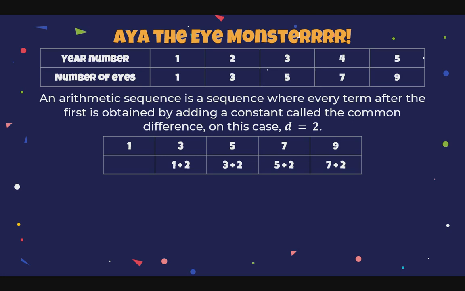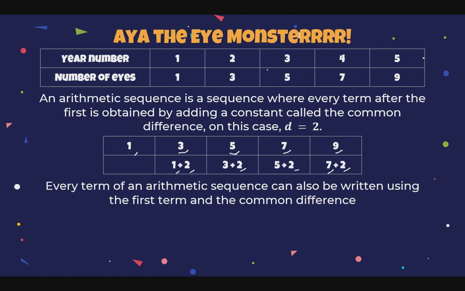Just like here, the first term is 1, we added 2 to 1, that's why we have 3. To get 5, we added 2 to the second term. To get the fourth term, we added 2 to the third term. To get the fifth term, we added the common difference, or 2, to the fourth term.